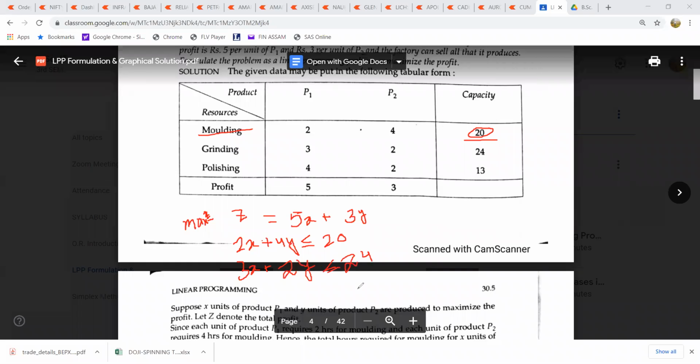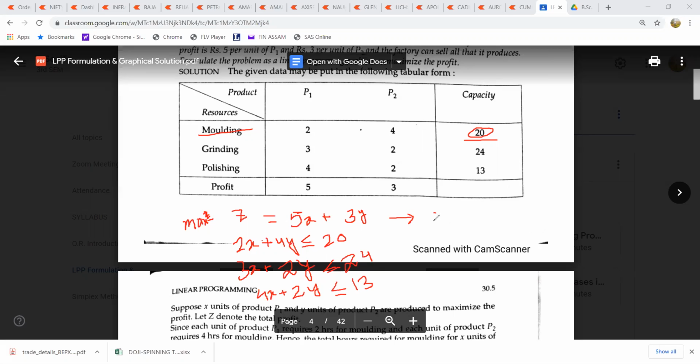Then the third condition, for polishing, will be 4x plus 2y, and that should be less than or equal to 13.